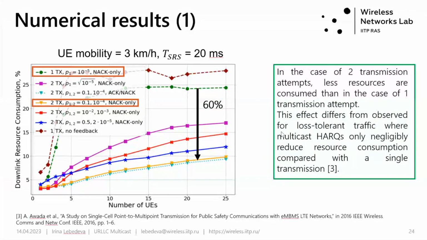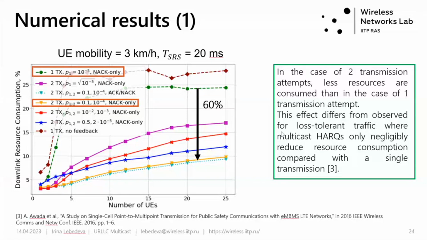But if we consider a scenario with not so limited uplink resources, maybe the most suitable feedback scheme changes or not? I think that the different feedback schemes also impact the resource consumption, but it's hard to evaluate the gain of this approach compared to our approach. Okay, thank you for your question.